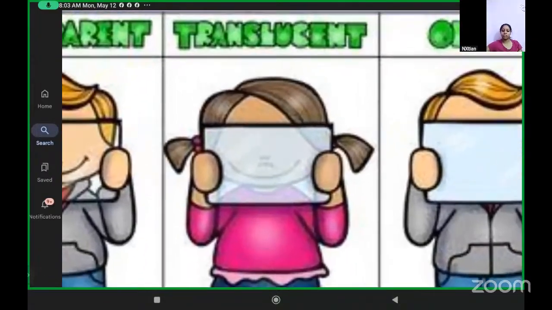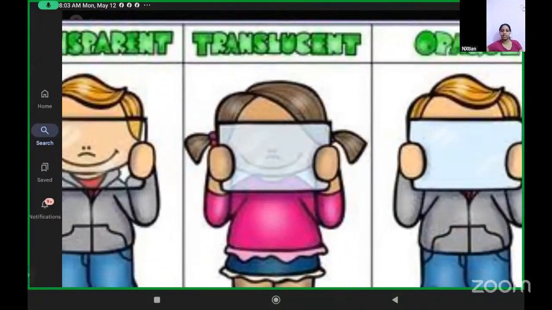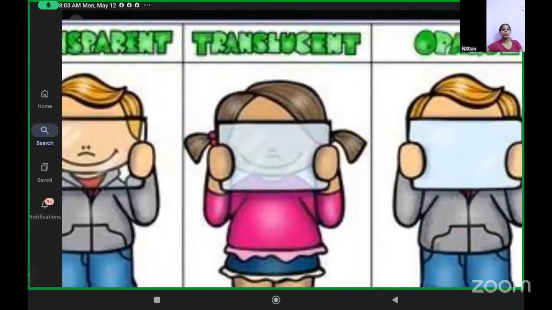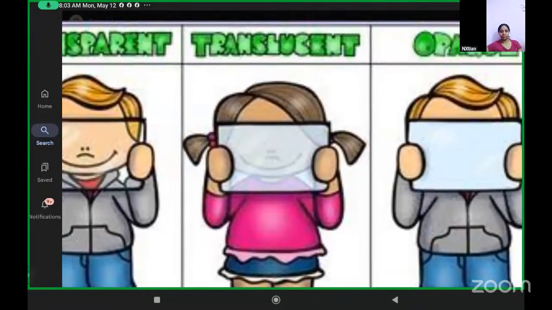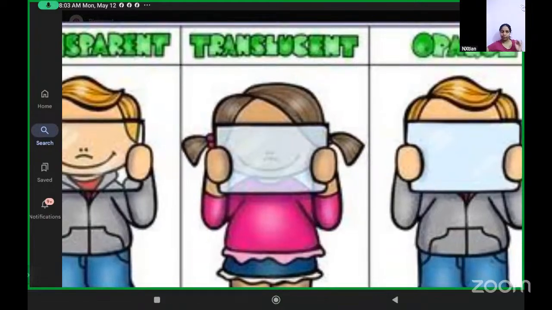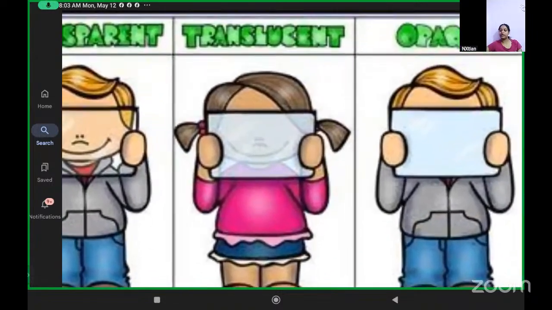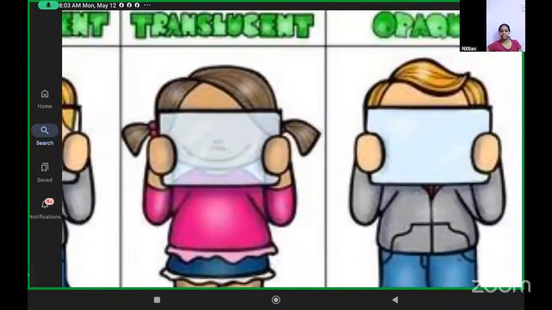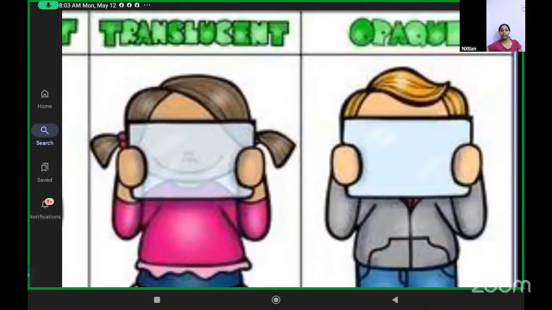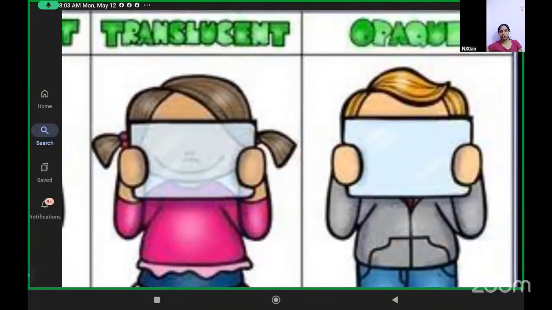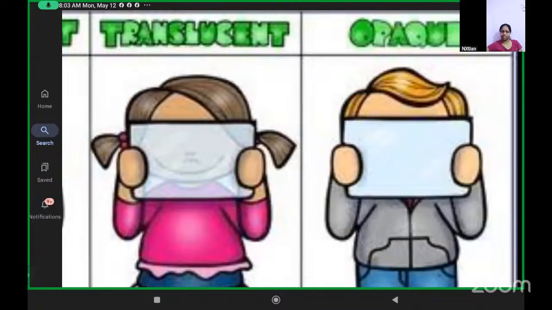She is holding another type of glass through which you can see only a little bit, not very clear, just the outline. That is known as translucent, when only some light passes through. Look at the third one. It is completely hiding his face. It is the opaque material, like wood, through which no light can pass.